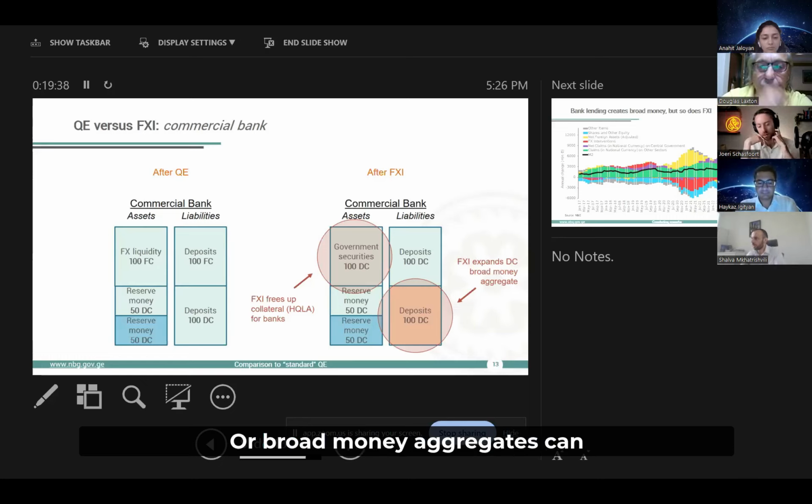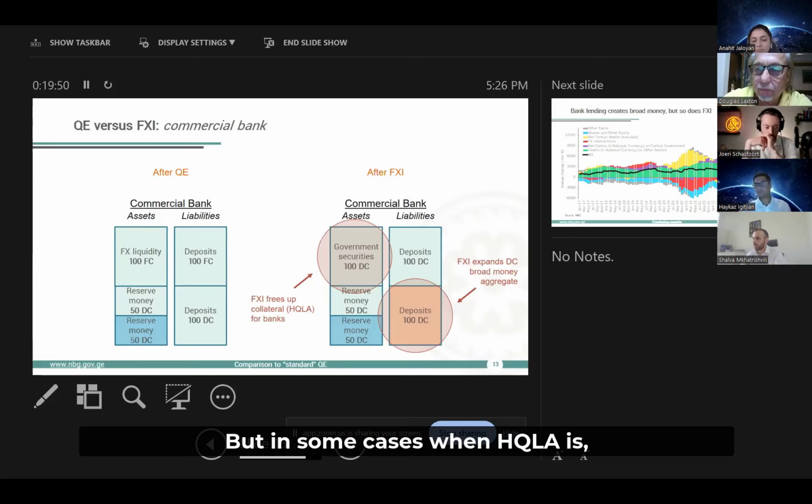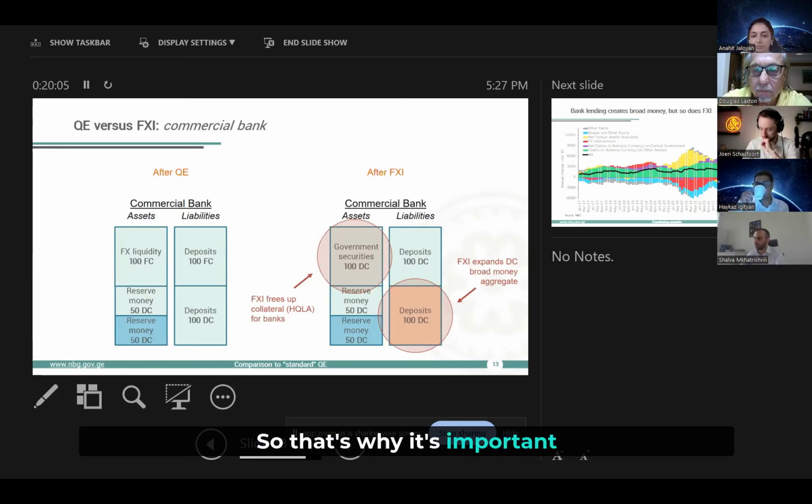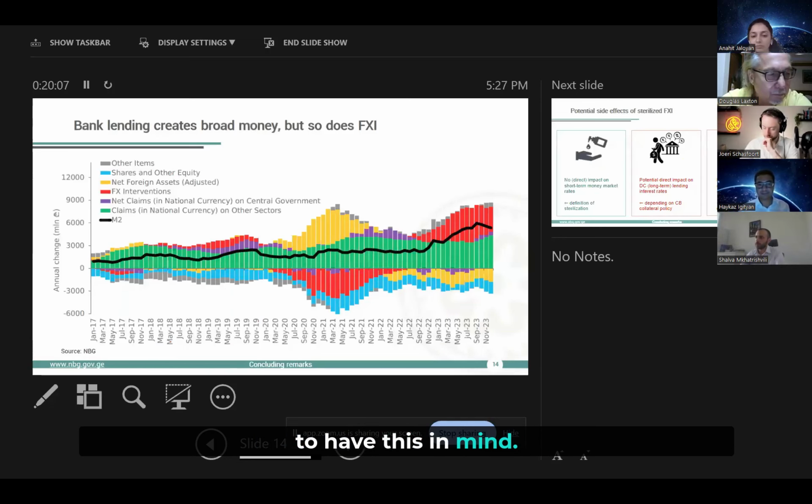Or broad money aggregates may not have much effect because of high substitutability between domestic currency and foreign currency monies. But in some cases, HQLA can be an issue when the collateral base is not high enough, or when substitutability between domestic currency money and foreign currency money is not high. These impacts can be meaningful. So that's why it's important to have this in mind.